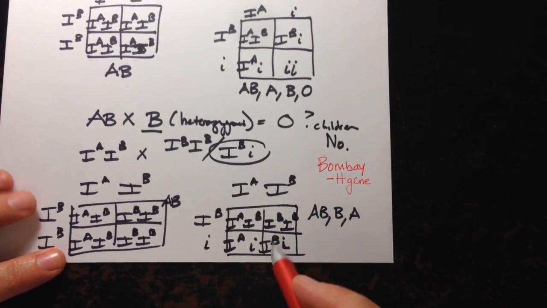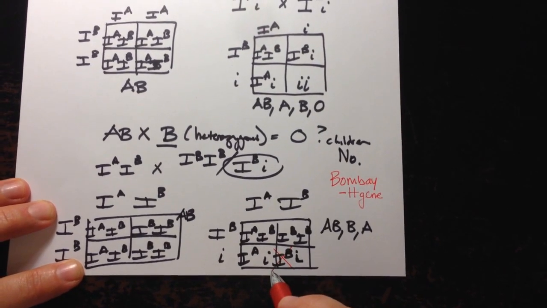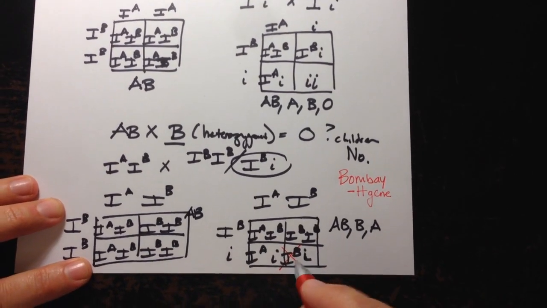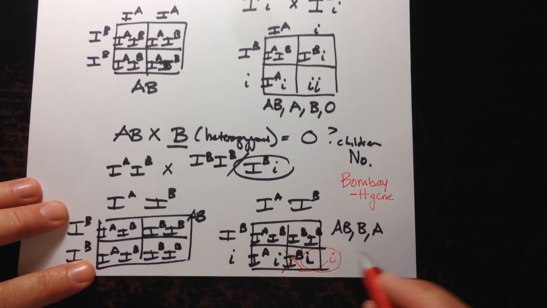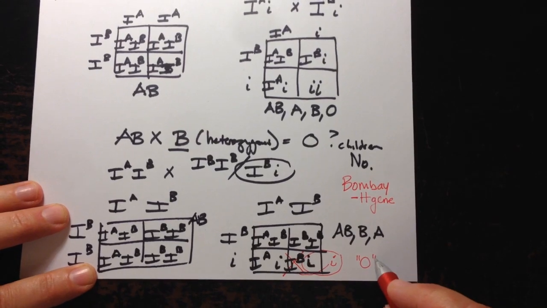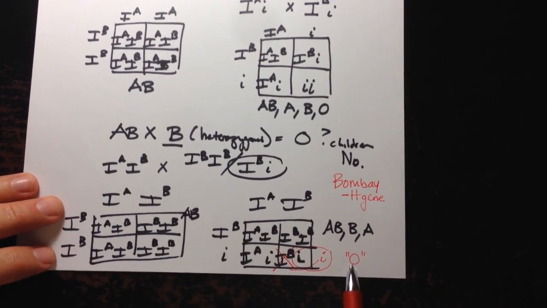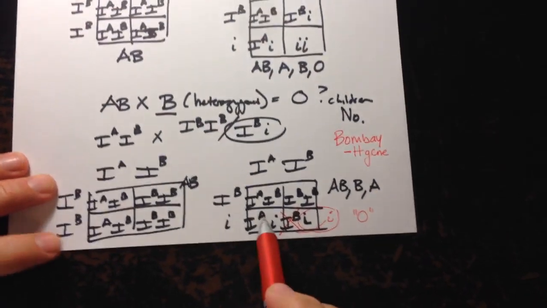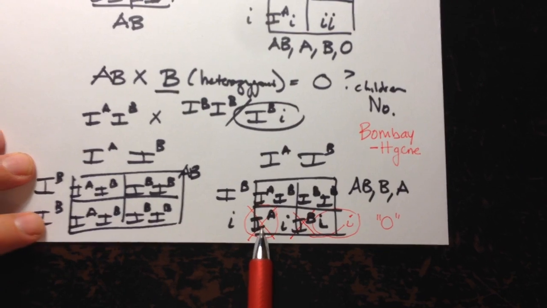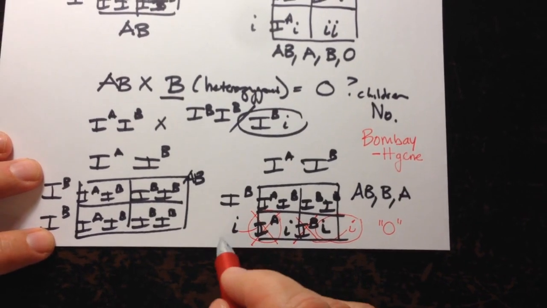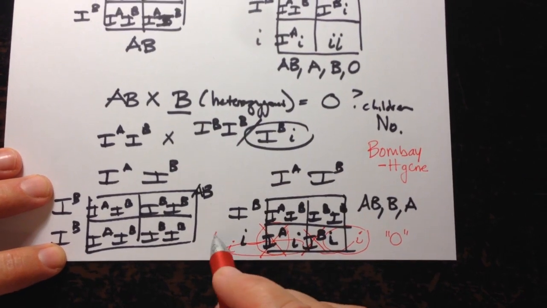So literally what can happen is, in this example here, if I cross this out with a red and I replace this with a little i, this can act as a type O blood, but it is known as Bombay phenotype type O. And of course it could happen here as well, because there's another homozygous dominant allele. So that could act as a type O blood as well.